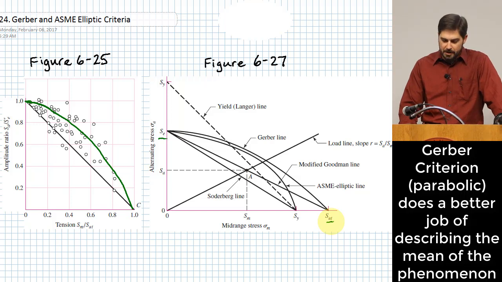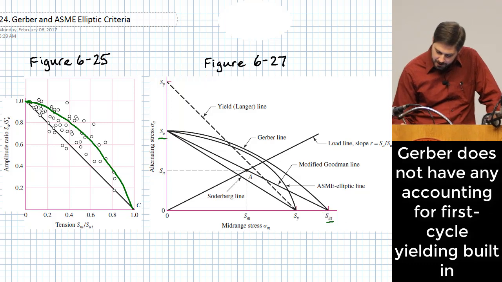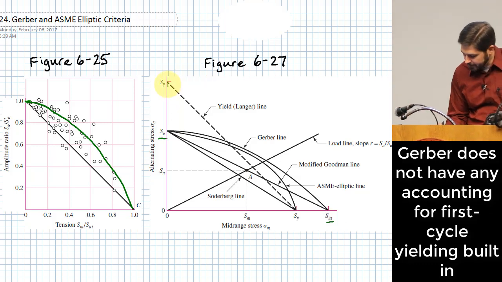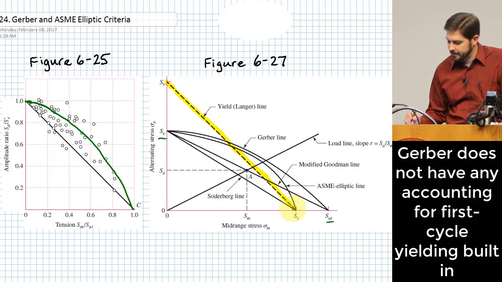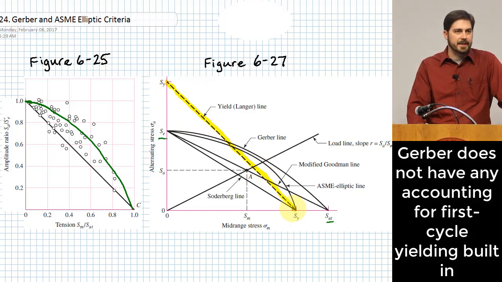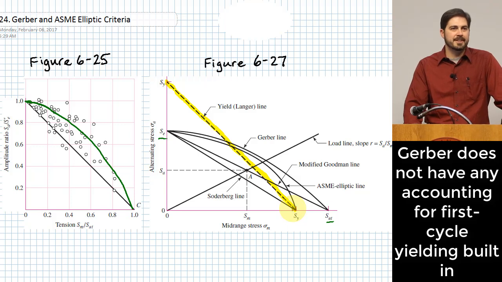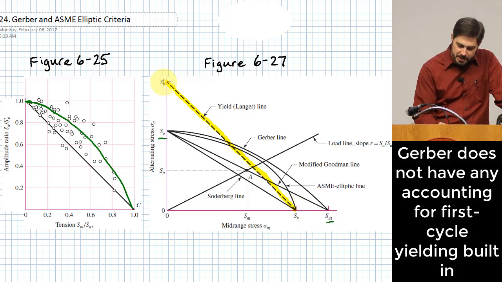The one thing about it, though, that you will notice is that there's this other line, this Langer line, that comes down through here. The Langer line is where you would have first cycle yielding happening before you actually got to the point that there would be a fatigue type of failure. So this is the yield line.